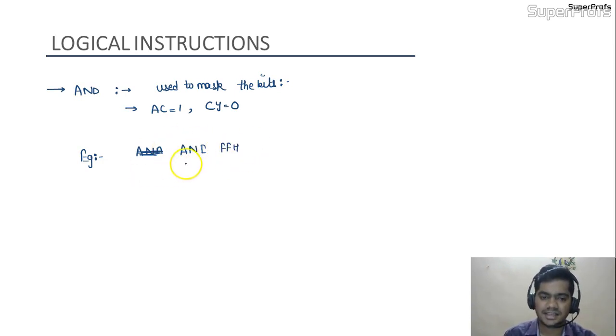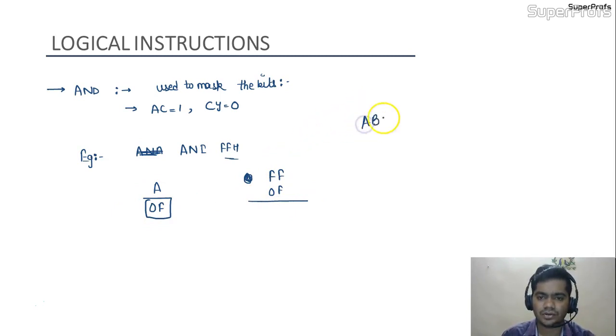Suppose this is an instruction and the content of the accumulator is 0FH. If you want to do the AND operation of these two, that is this data and the data of the accumulator, we know how we are going to do the AND operation.